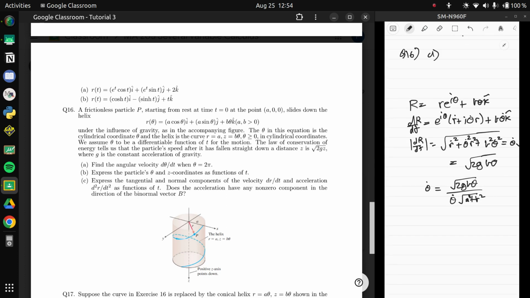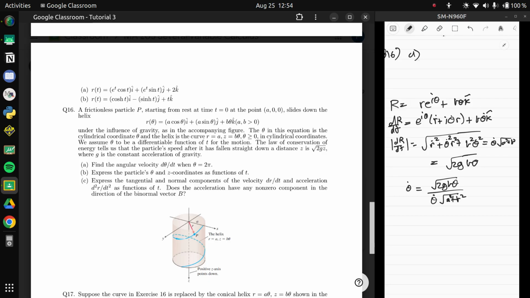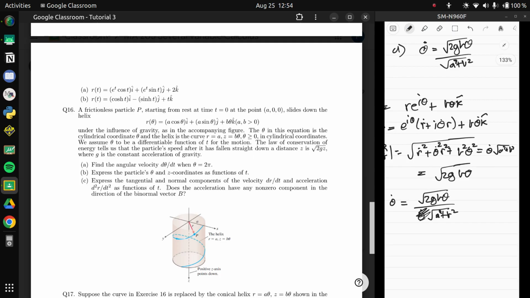So when theta equals 2 pi, theta dot is just this stuff, square root of 2gb theta upon square root of a squared plus b squared. That's just the speed, right?